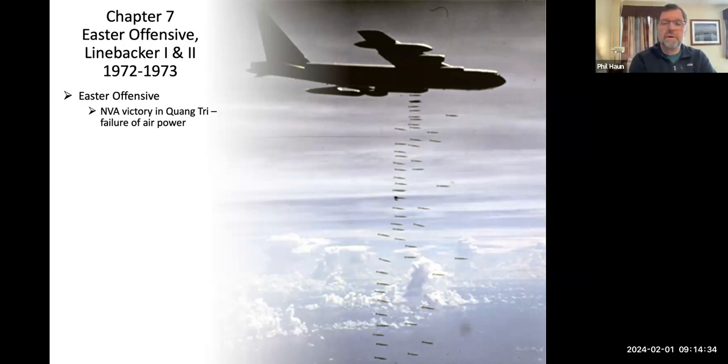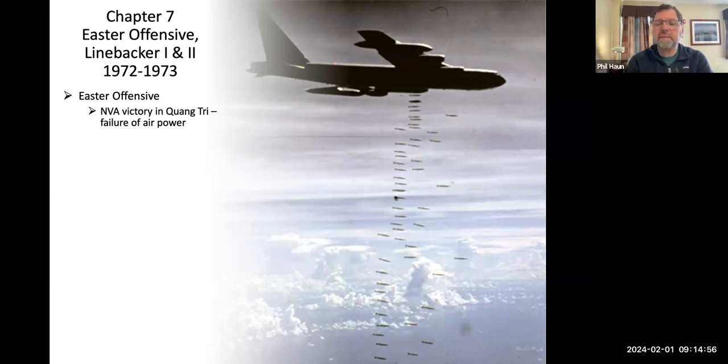I don't have enough time to go into all the reasons here. You can read them in the book. But one of the major reasons is that the South Vietnamese ground forces are largely inept, and there's been a changeover from a U.S. tactical air control system to a South Vietnamese. And the thousands of U.S.